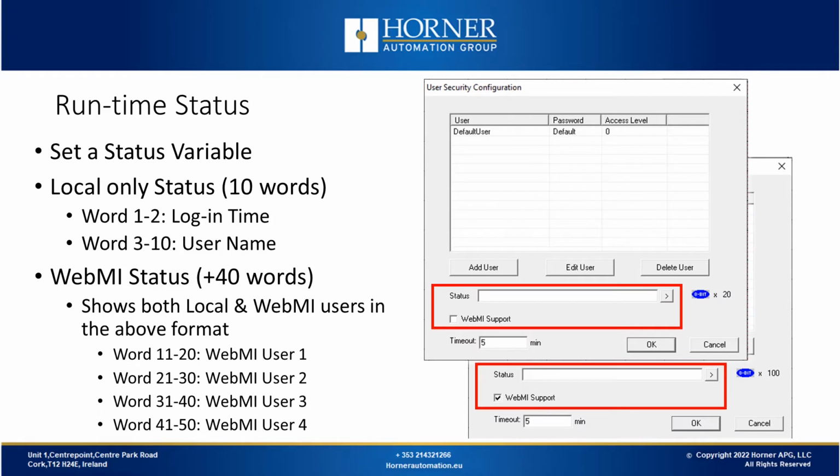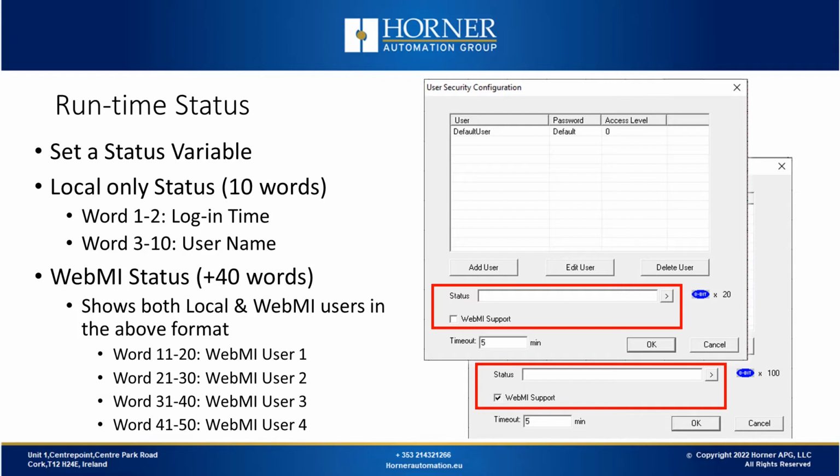After that, the last thing we may want to configure is back where we added our user credentials, which is our status variable. If we're not using WebMI, we can assign a status variable that in the end is going to be 10 words long. The first 2 words will tell us in seconds how long the current user has been logged in for, and the next 8 words will tell us in ASCII what that username is.